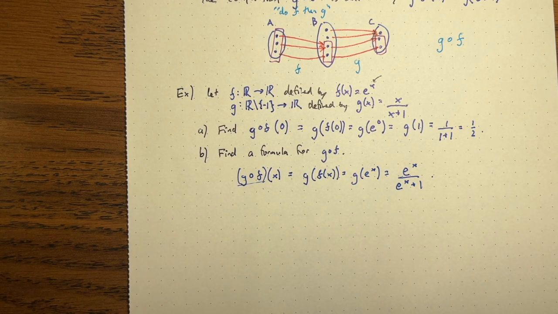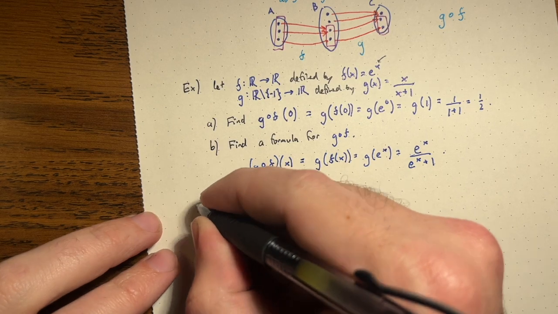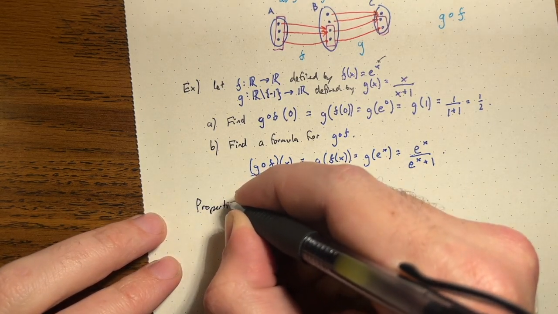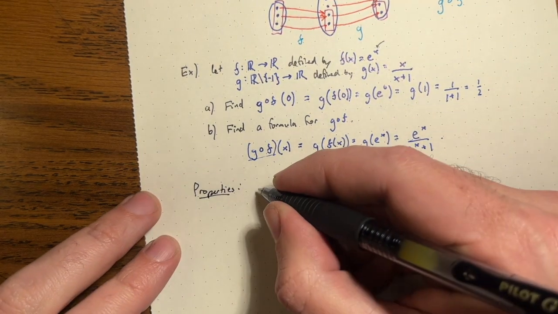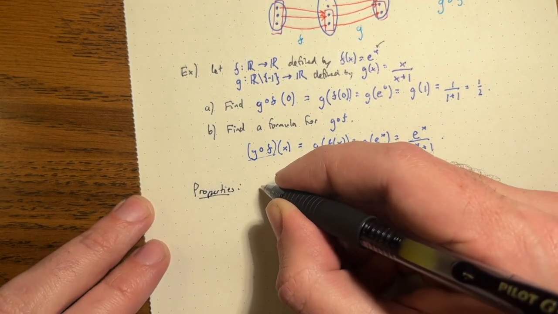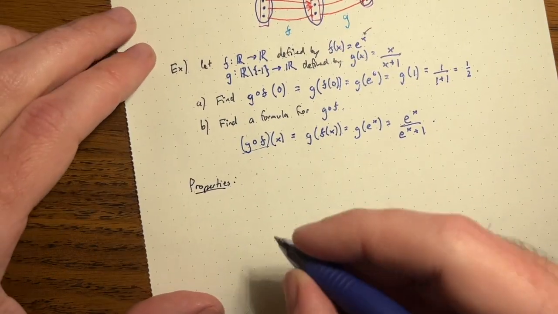Okay, so that's function composition. Let's look at some properties of function composition. This will give us some practice writing some proofs as well. So again, let's keep our same setup.